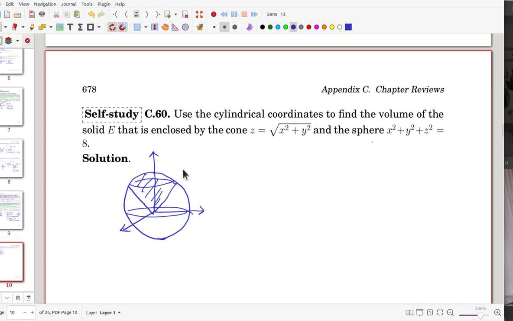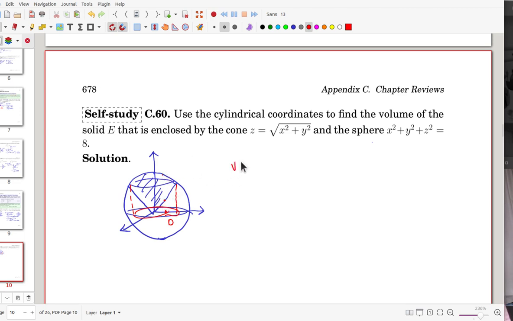Now we have to use cylindrical coordinates, so we try to find the region D. Let's use the red pen and project the solid onto the XY plane. Then there is D, and in the Z direction for each point XY, there's a bottom and a top.